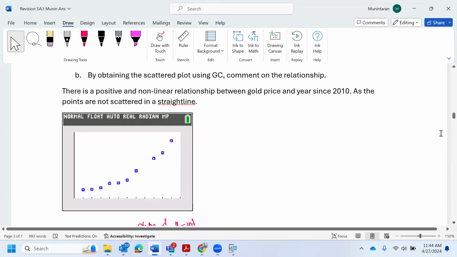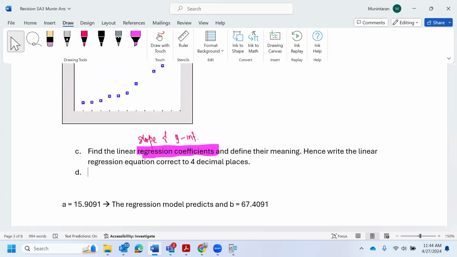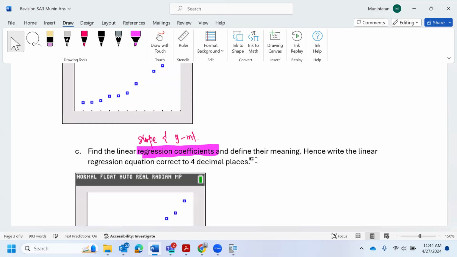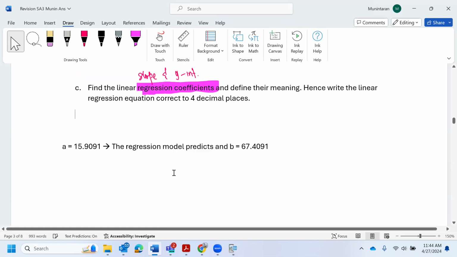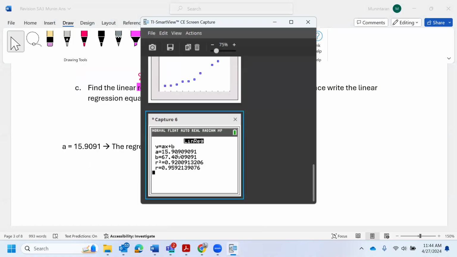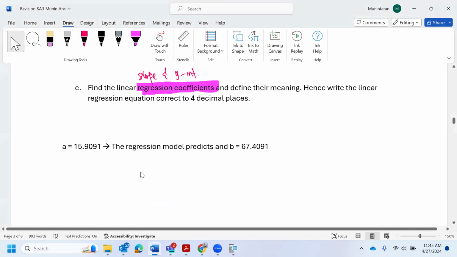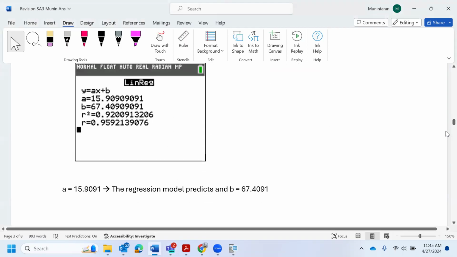Graph E. Okay, and you have this. So the value here depends on how many decimal places they want.